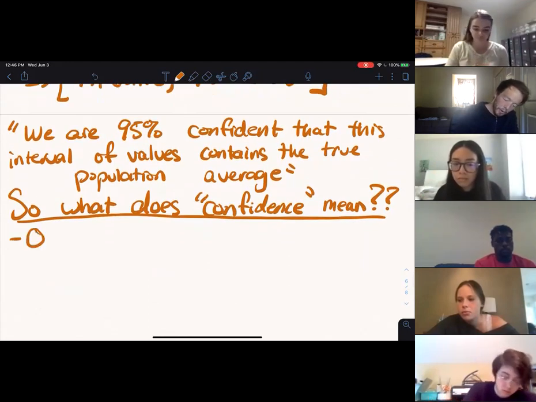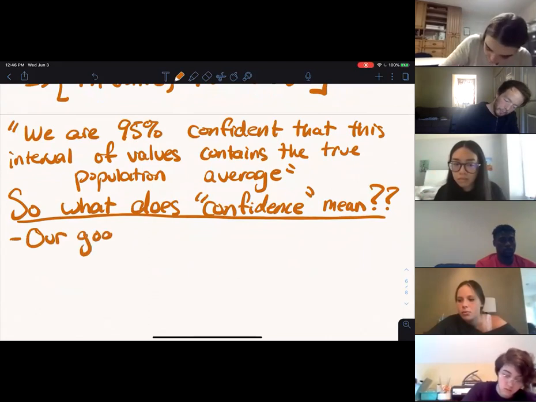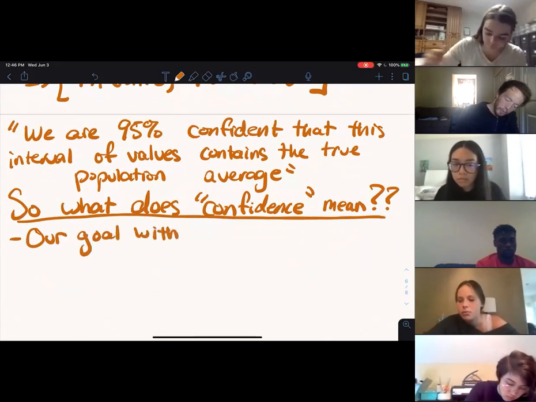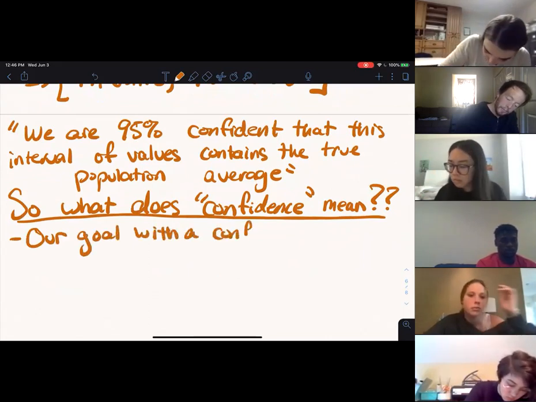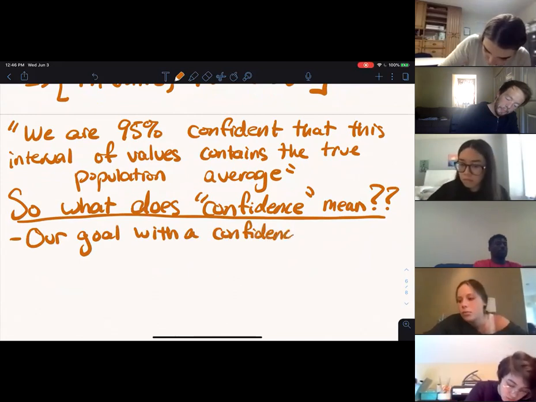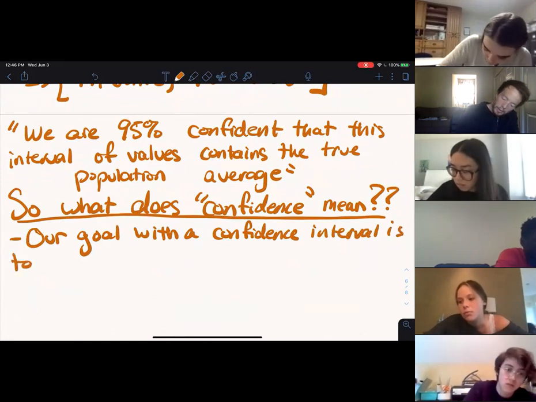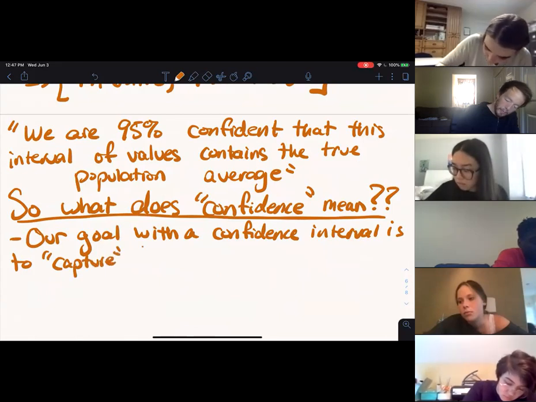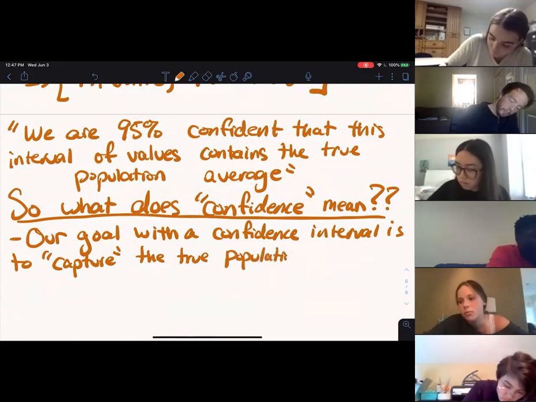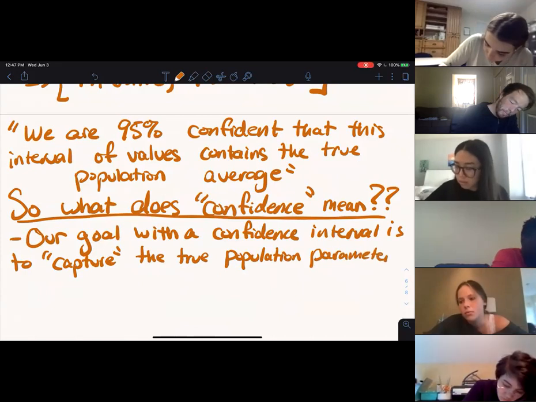So our goal with a confidence interval is to capture the true population parameter mu.